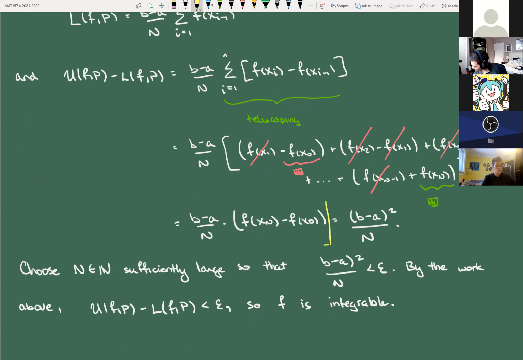I got to draw my cutoff a little bit earlier. So up until here, I only used the fact that f was monotone. Monotone, technically monotone increasing, but whatever.